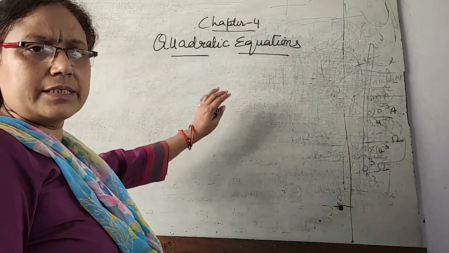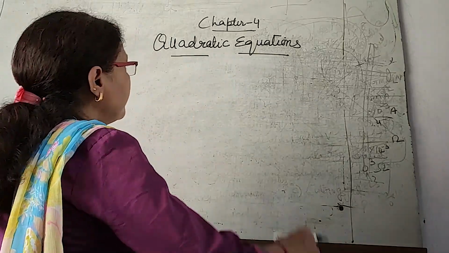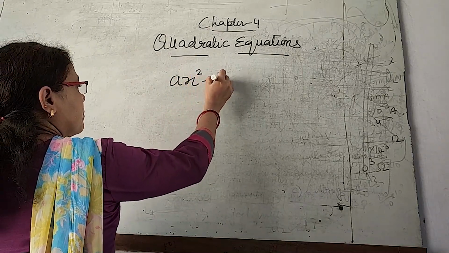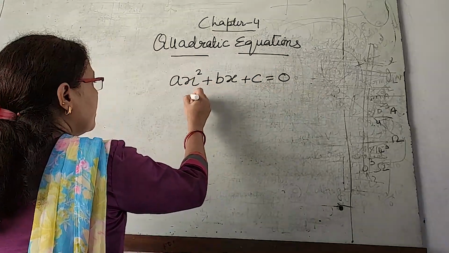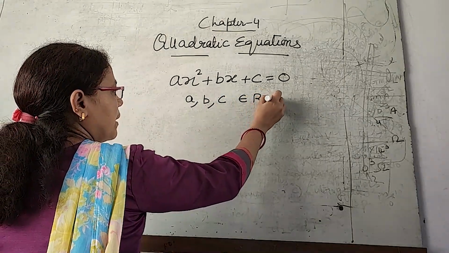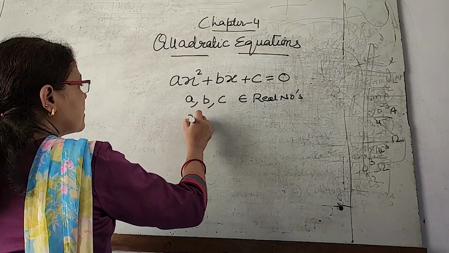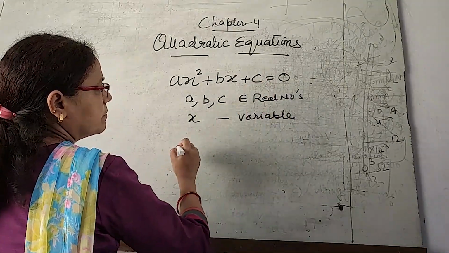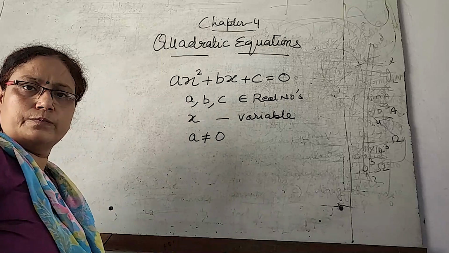So children, let's first understand what is the meaning of quadratic equation. Quadratic equation: any equation of the form ax square plus bx plus c equal to 0, where a, b, c belong to real numbers, x is a variable, and a not equal to 0.